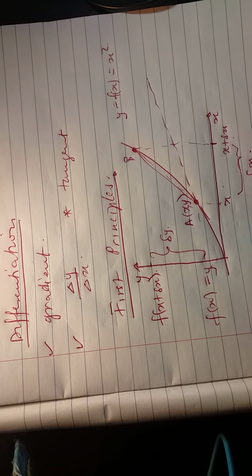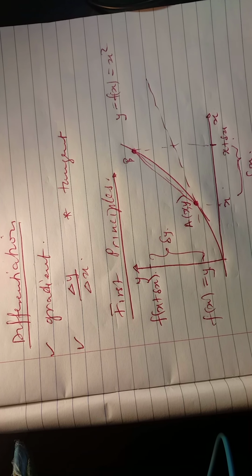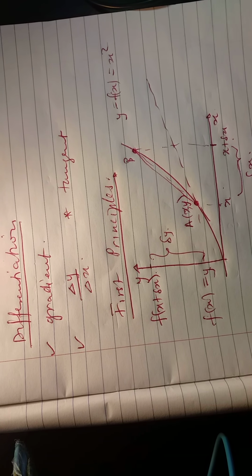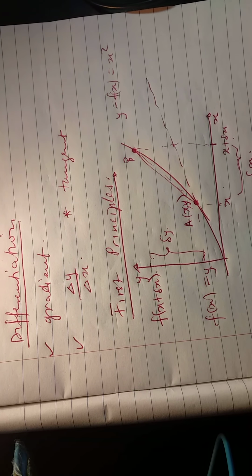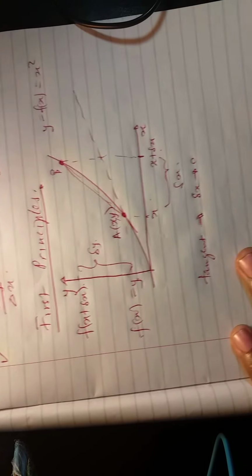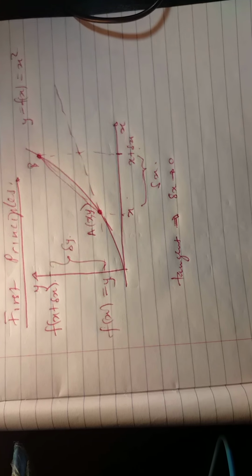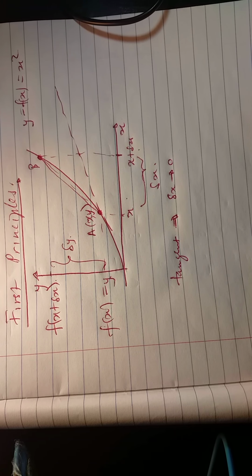So in other words, tangent means delta x is actually 0. So for me to get the tangent, it actually means delta x is 0, and when delta x is 0, I'll get the tangent, which is going to give me the gradient.